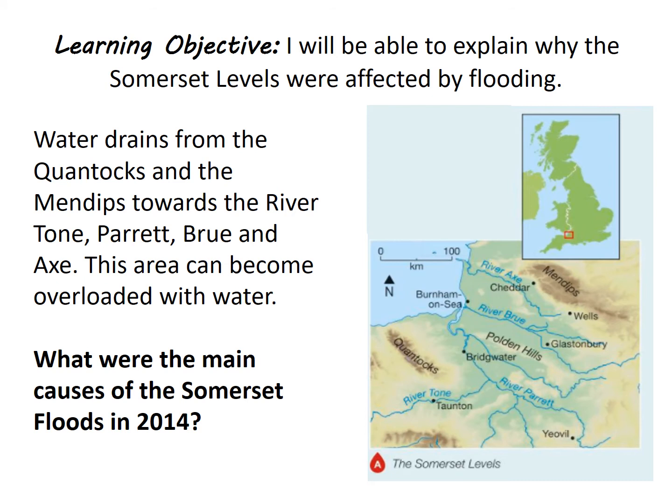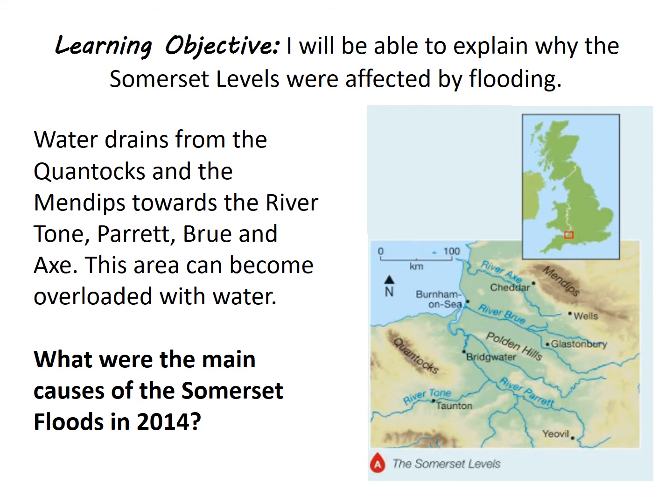We're not talking huge mountains, they're not like the Lake District, but there are the Mendip Hills, and we also have the Quantock Hills, which sandwich either side of this green area here, where the Somerset Levels are located. So it's sandwiched between hills. That therefore means that any rainfall that happens in those hilly areas is going to run straight over the top as surface runoff, and it's going to end up going into the bottom of this valley here.